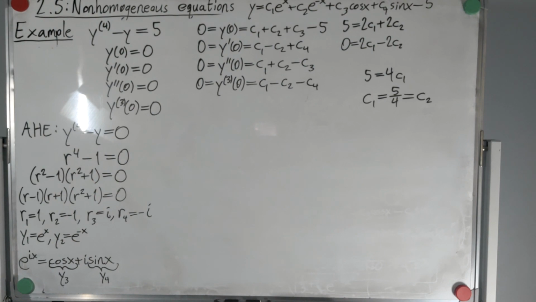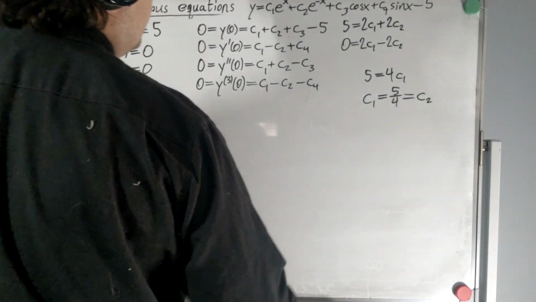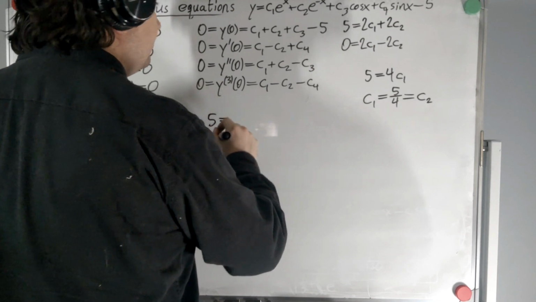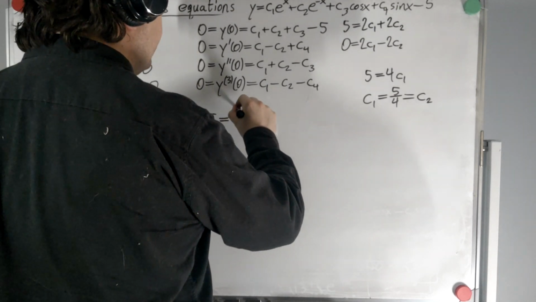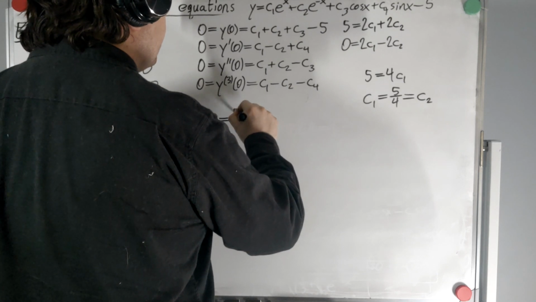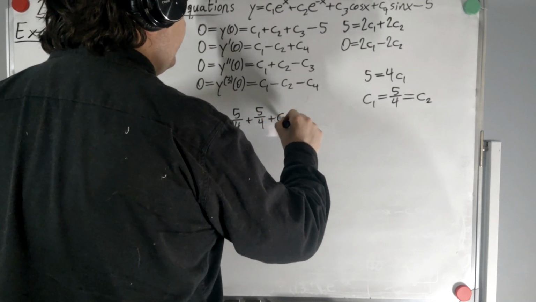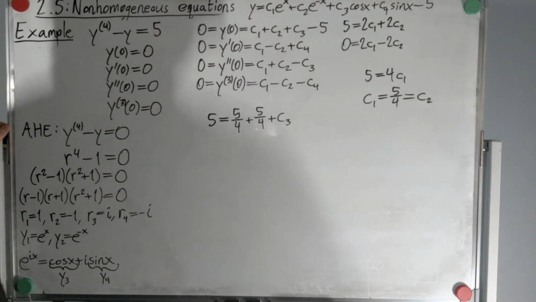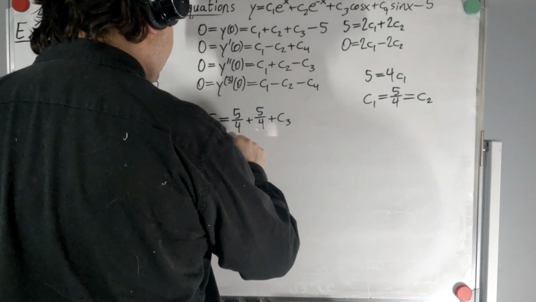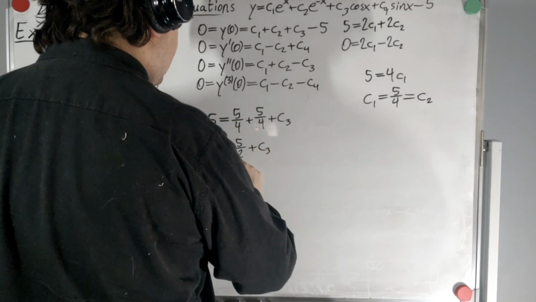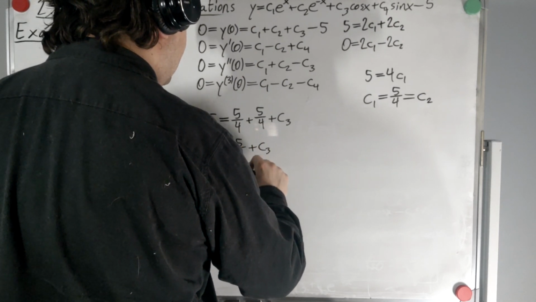Okay. In that case, the first equation becomes 5 equals 5 over 4 plus 5 over 4 plus c3, which is just 5 equals 5 halves plus c3, and therefore c3 equals 5 halves.